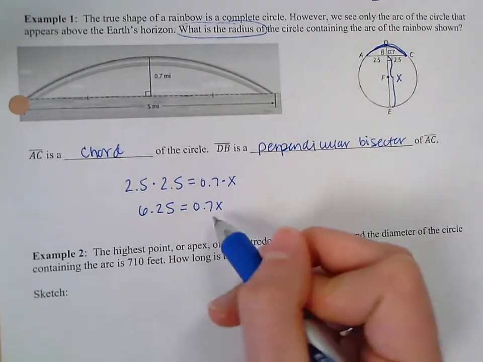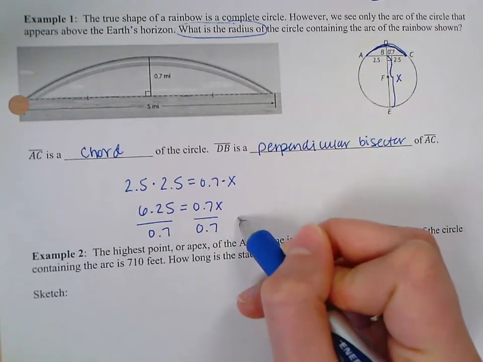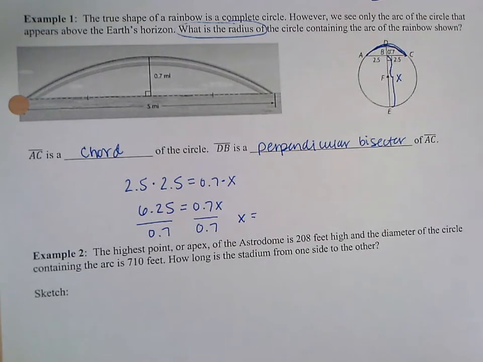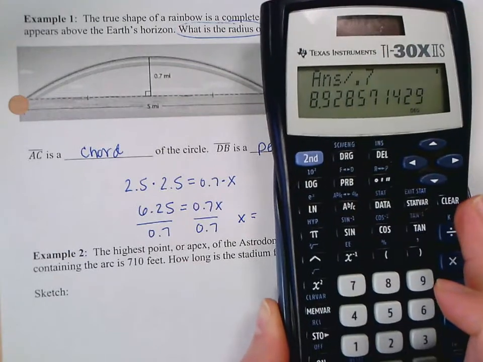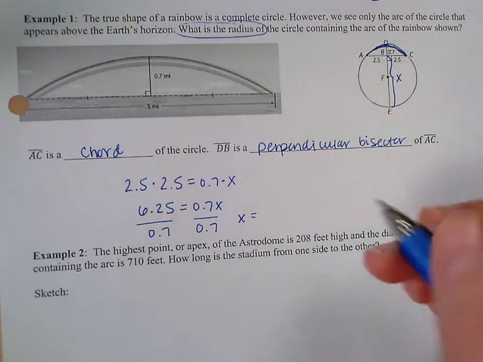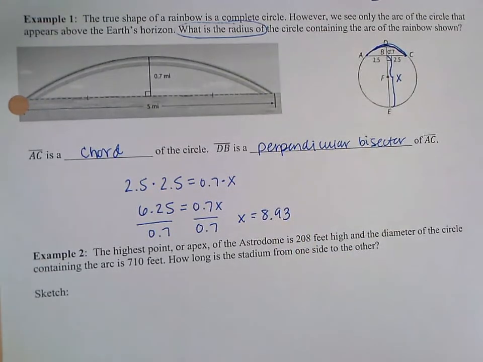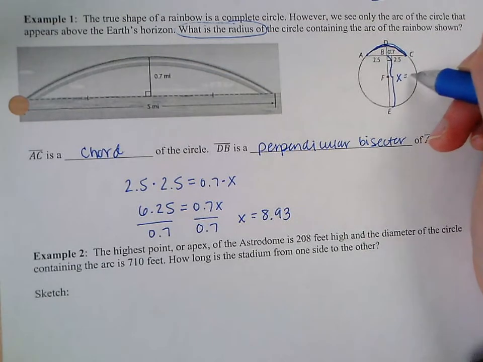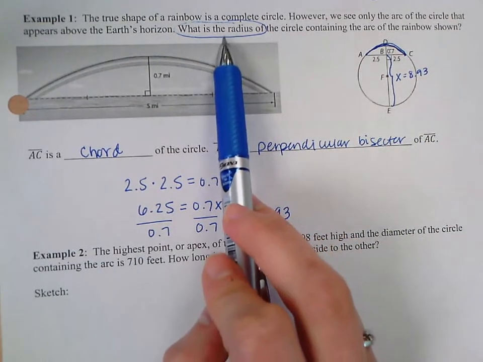And then I can solve for x, divide by 0.7. So x is, and I'm going to round this because you should get 8.92857 and so on. I'm going to round to 2 decimal places. So I'll do 8.93 approximately. And that's not my answer because I want to find the radius.